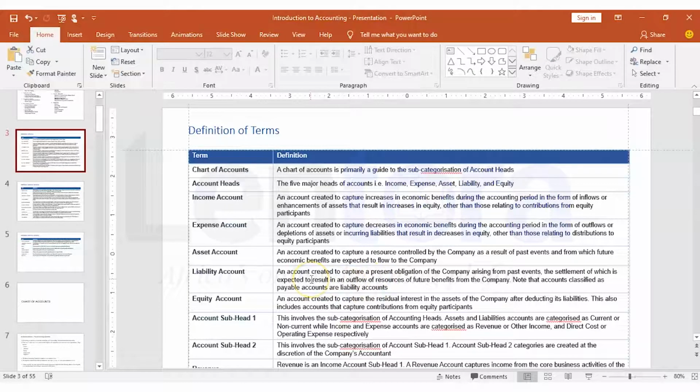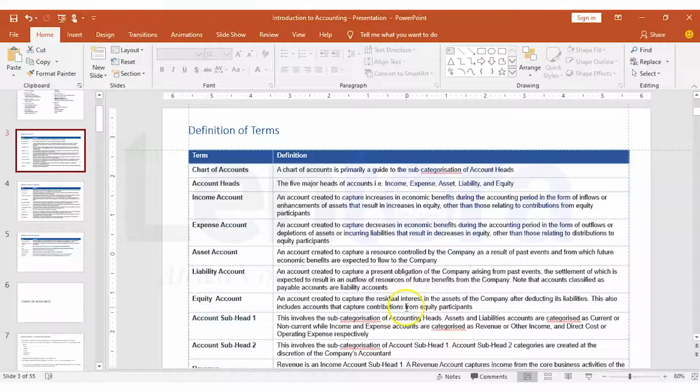The definition says a liability account is an account created to capture a present obligation of the company arising from past events, settlement of which is expected to result in an outflow of resources for future benefits from the company. You get it? So it's basically the opposite. Assets is what you own, you have control over, which is expected to yield returns for you. Liabilities is what you owe, and which is expected to take resources out of the entity.